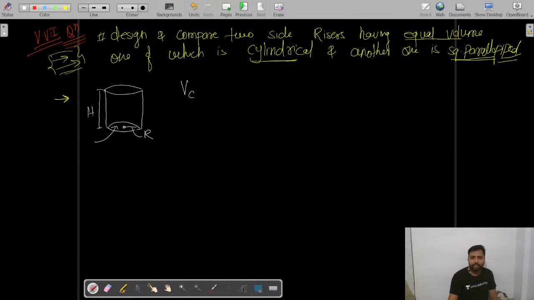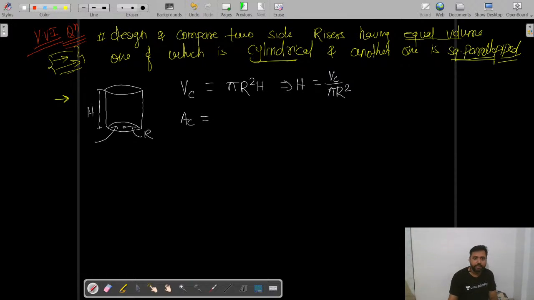This is a cylindrical riser, so let's write Vc. Undoubtedly this will be pi r square h, or you can write h is equal to Vc upon pi r square. One more thing: what about the surface area of this riser?